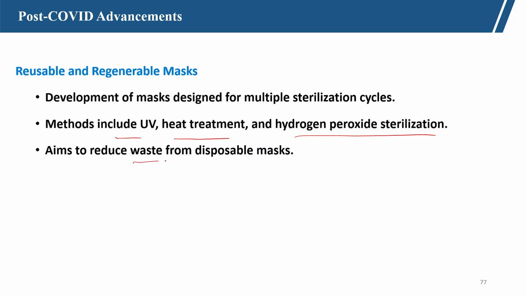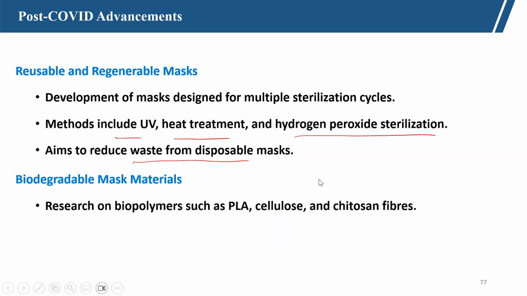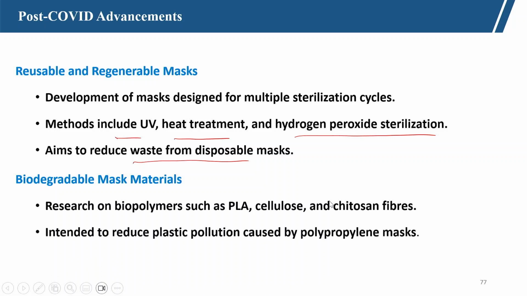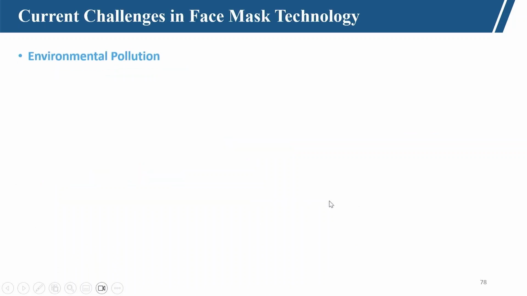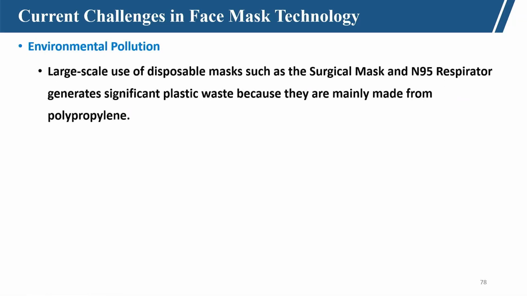We should aim to reduce the waste from disposable masks, and the biodegradable mask is also one approach, where we use PLA, cellulose and chitosan fibers. The basic challenge of all these masks is environmental pollution. We have already discussed that we can use reusable masks or biodegradable fibers.